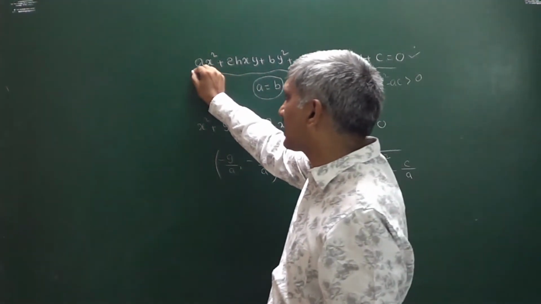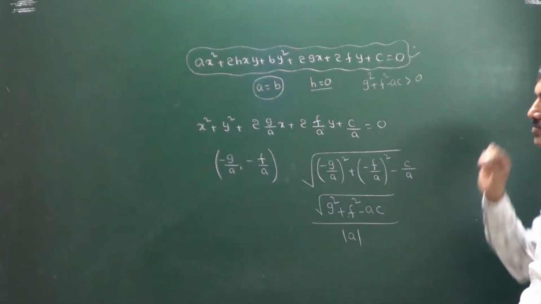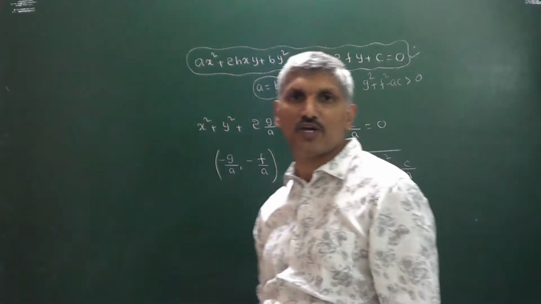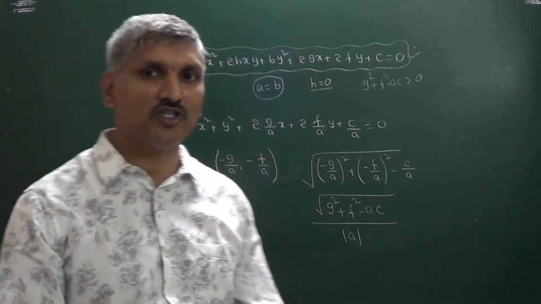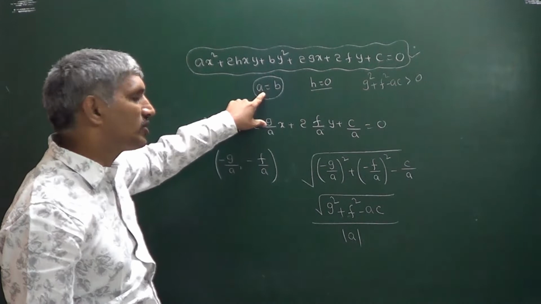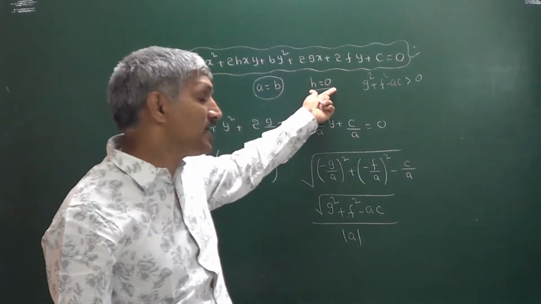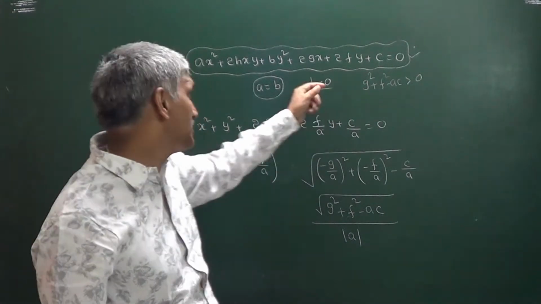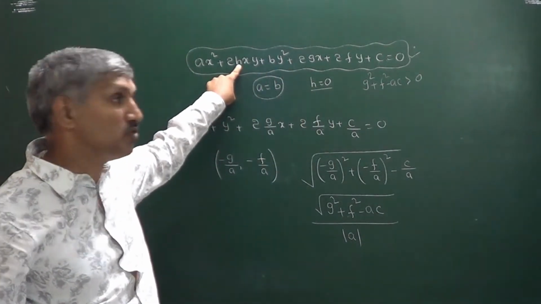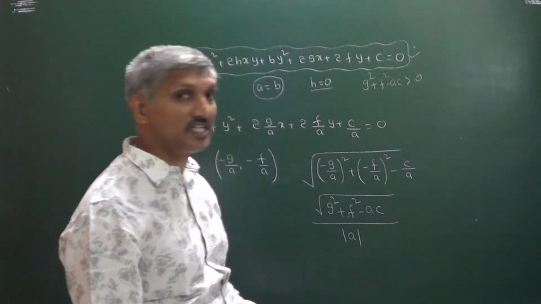So the general second degree equation represents a circle when the coefficient of x square equals the coefficient of y square, the xy coefficient h is 0, and g square plus f square minus ac is greater than 0.